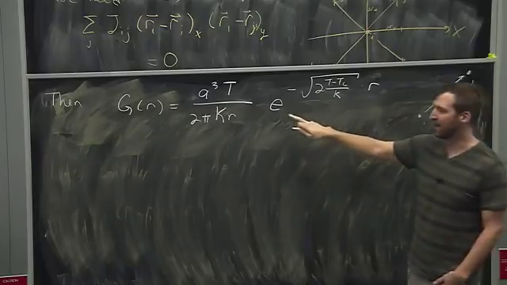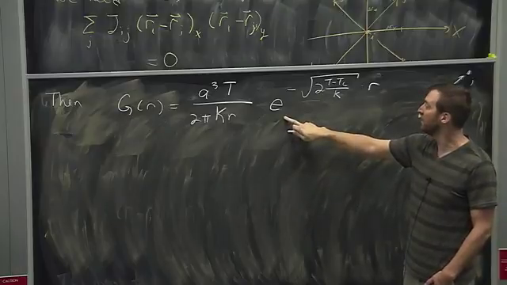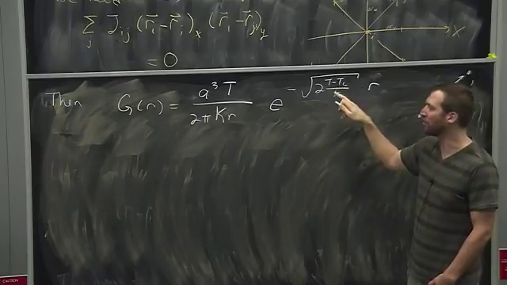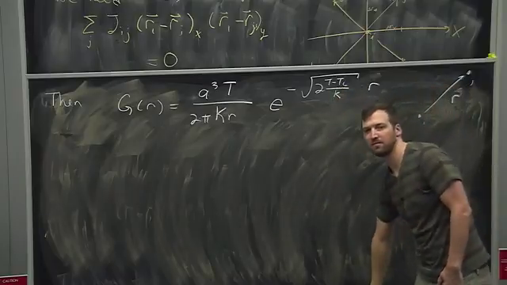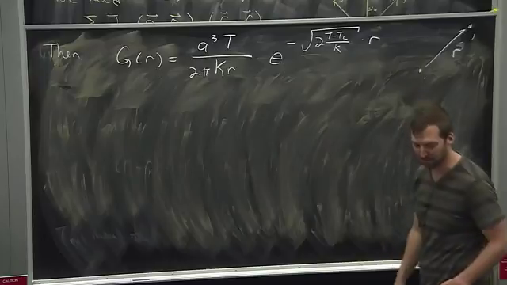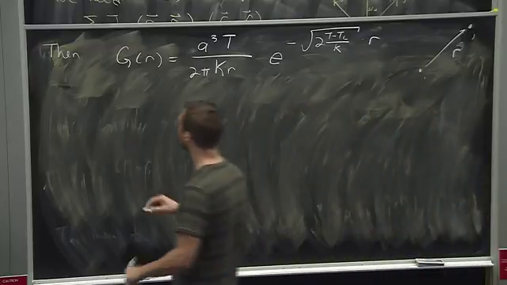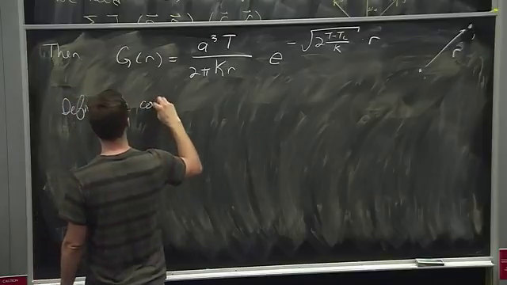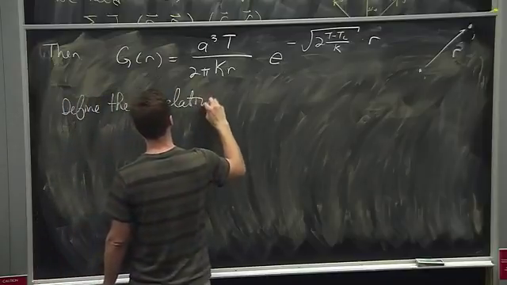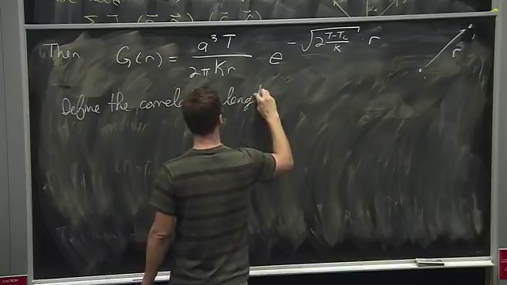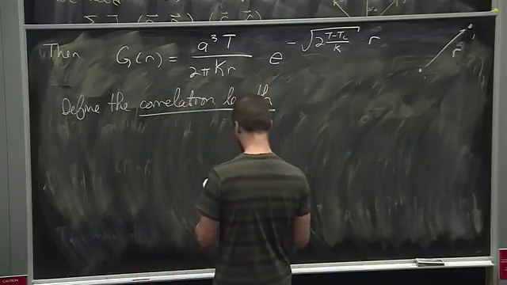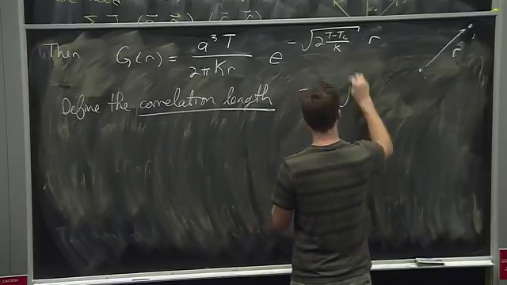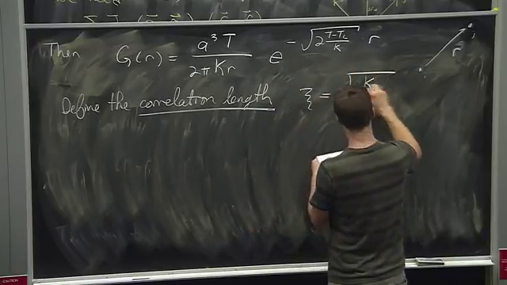There's a correlation function that depends on the distance. It's exponentially decaying. And the thing that governs that decay is this. That's 1 over the correlation length. That's how you define it. So it's got to be this thing upside down.